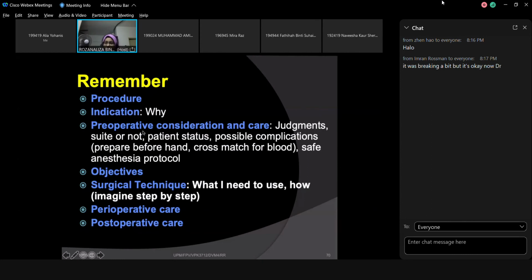As a surgeon, you need to have the knowledge of pre-operative care, perioperative care, and intra-op care. While you're doing surgery, you can't rely 100% on your anesthetist, because you are the one who is able to feel your patient moving, jerking.